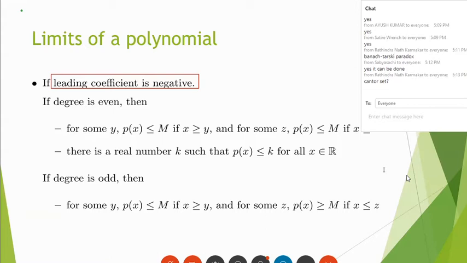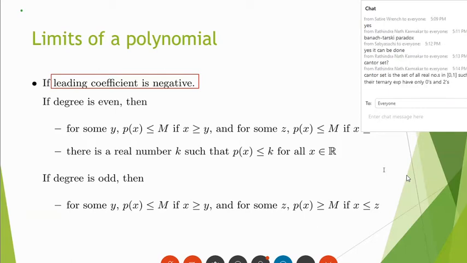So the Cantor set is the set of all real numbers in the closed interval 0, 1 such that their ternary expansion has only zeros and twos.